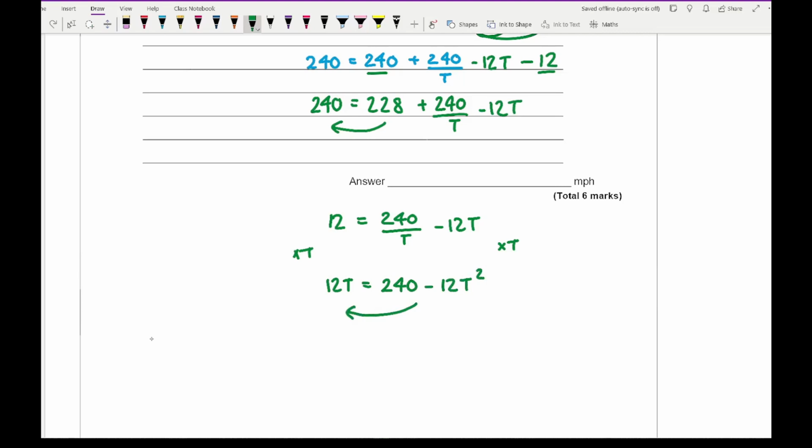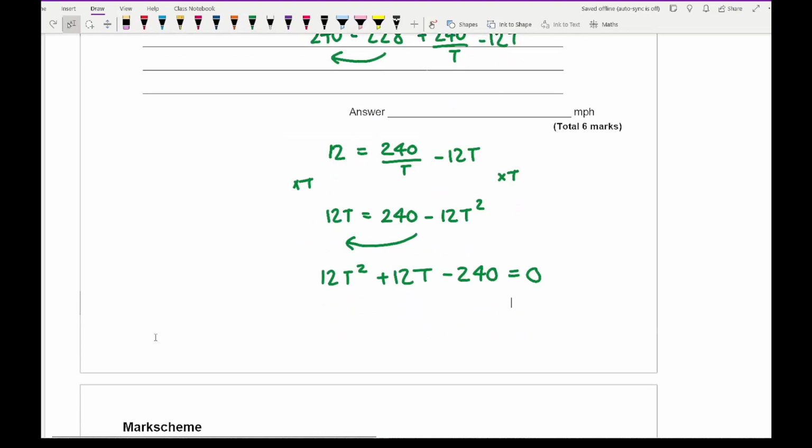Now hopefully what you can slowly spot is that this is now going to look like a quadratic equation. So if I take this right hand side over to the other side to make my t squared positive, I get 12t squared plus 12t minus 240, and that equals 0. Now to make my life a little bit easier, I'm going to divide everything by 12. So I get t squared plus t minus 20 equals 0.